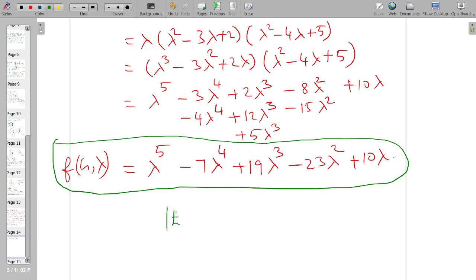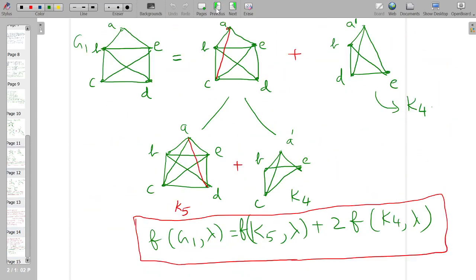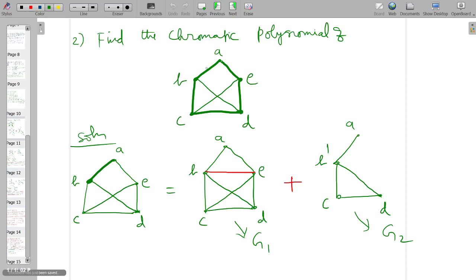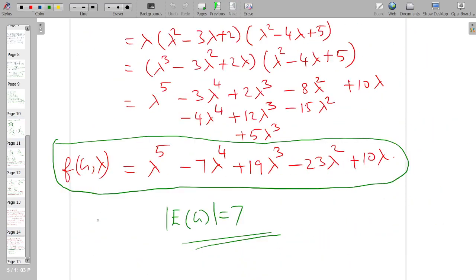Here the number of edges in the graph G should be 7. Now let us check this. For the graph G here, this will be 1 2 3 4 5 6 and 7. Because these two things coincide, you can conclude, but that is just only a feeling that we have done it right.